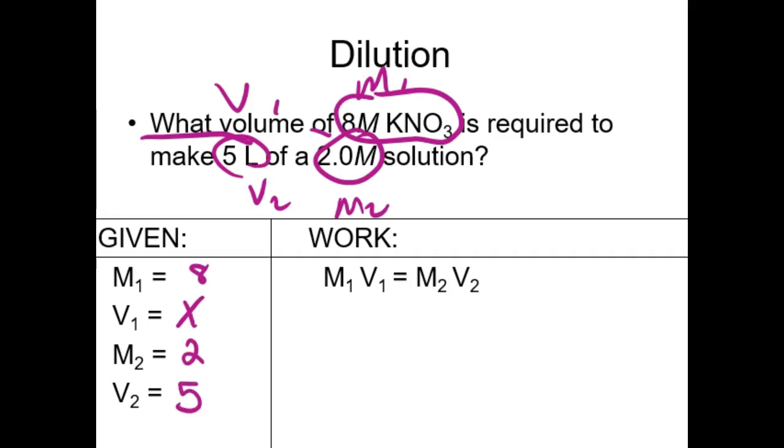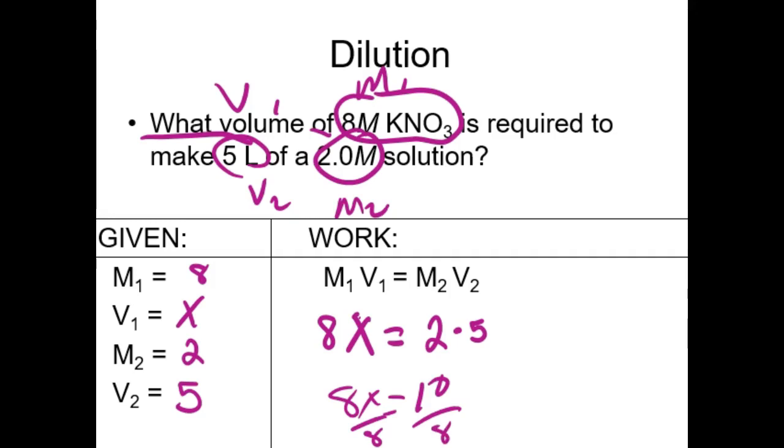You plug in your values to your M1, V1, M2, V2. My M value is 8. I don't know what the X is. And my M value is a 2 times 5. So I got 10 equals 8x. Divide by 8. And you end up with 12.5 liters. Okay?